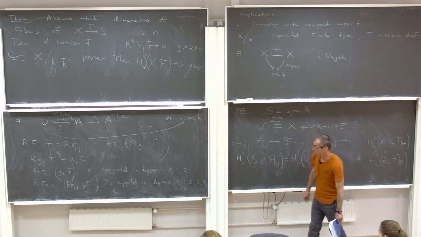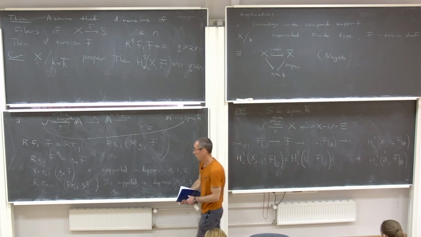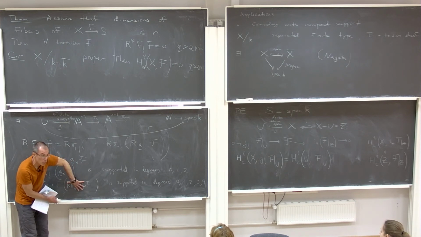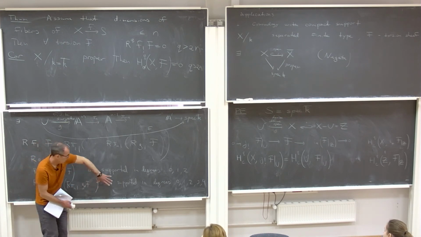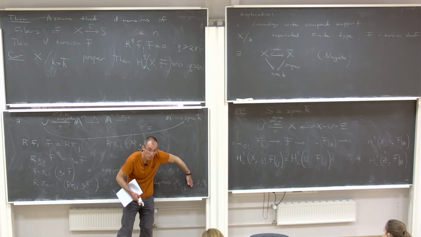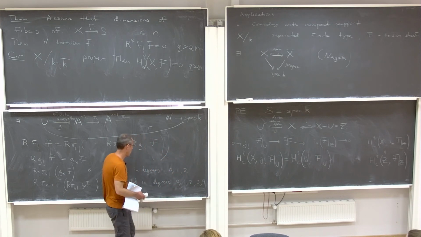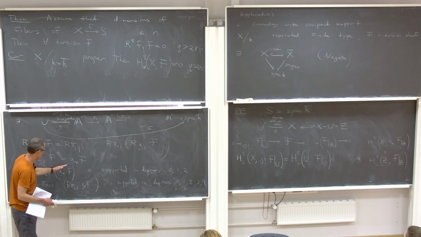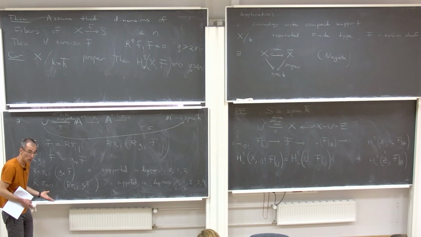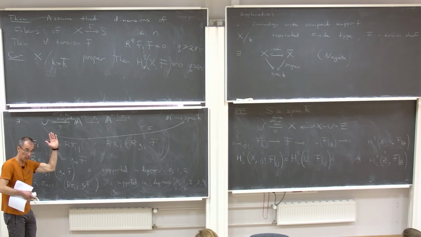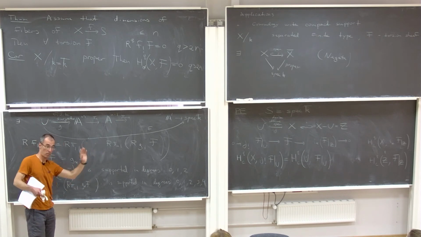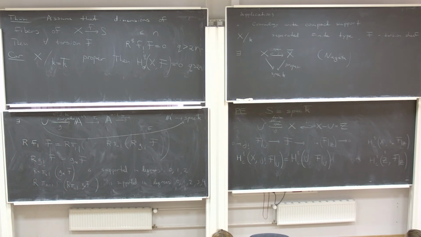Right? So how do you get this? If this were just a sheaf, supported in degree 0, you would get that this derived direct image is supported in degrees 0, 1, and 2. But now, any complex has a filtration whose associated graded is the cohomology sheaves, shifted in appropriate degrees. So you get it by exact sequences. Okay?